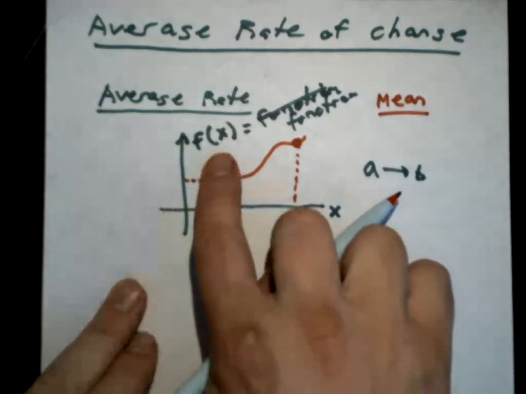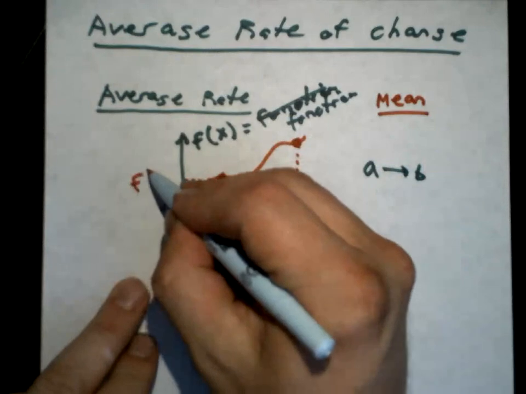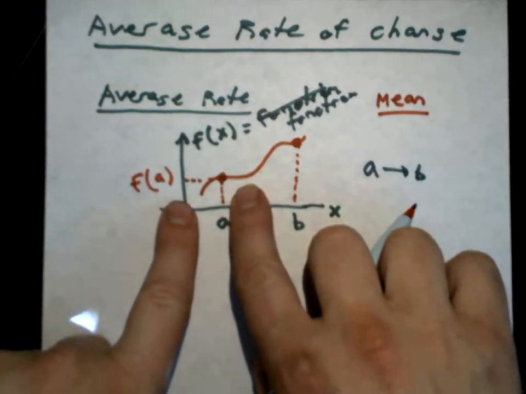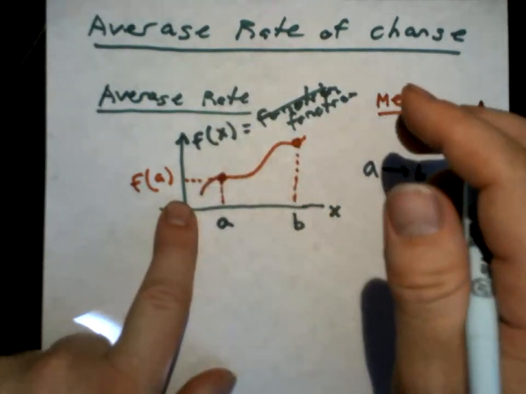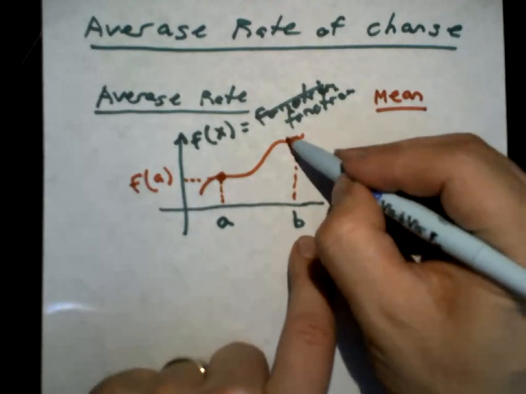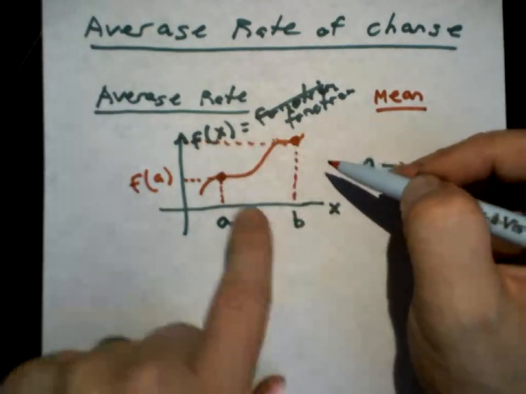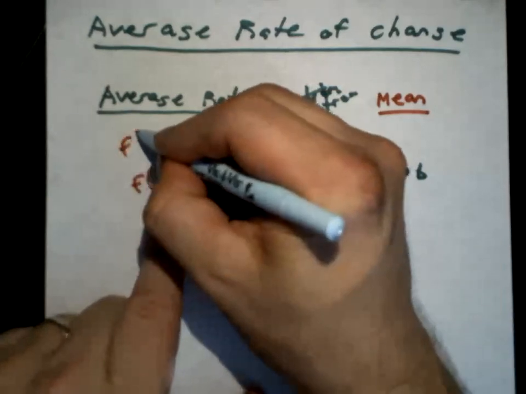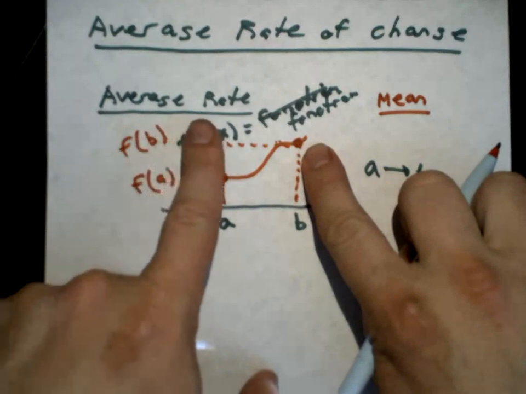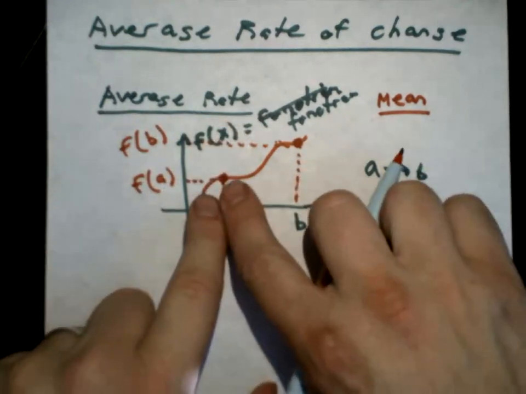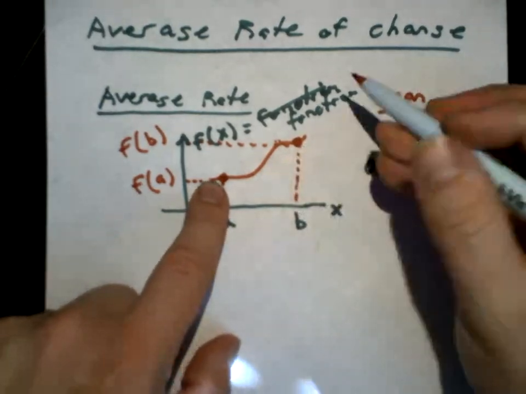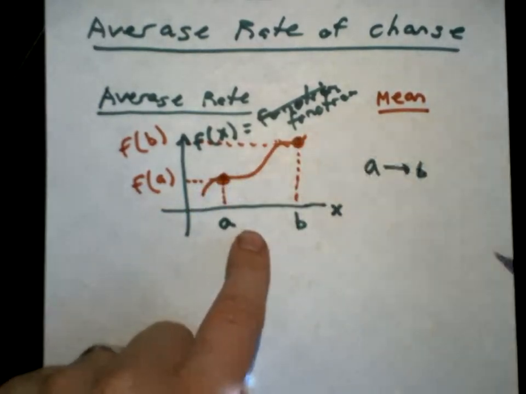Well, the output of the function is going to be f of A, right? Because you have an input, you have an output, because you have the function f of x. Well, if you go over here, this is B. The output is going to be f of B, right? Because remember, you're doing an average rate. You're traveling along this distance to this point there. So now you have this point and this point.